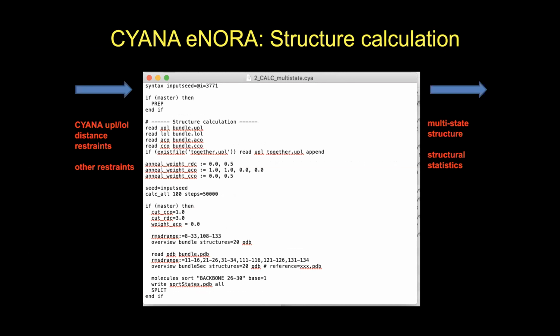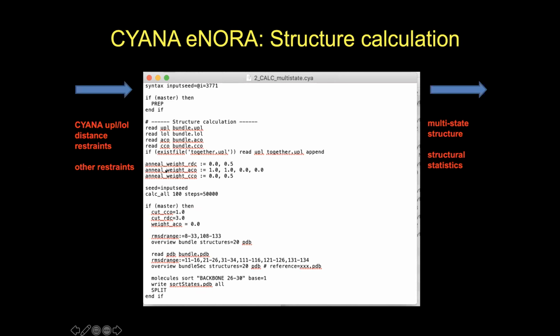So you read back in these distance restraints you just generated, either from NOEs, which are the upper and lower limit restraints, or from other restraints. And this is almost the normal structure calculation file from Cyano that should look very familiar to you. So you read back in the restraints here.